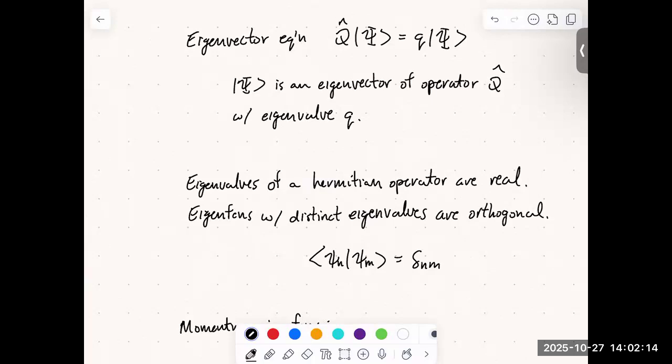What we worked out last time was that if you had a Hermitian operator, then its eigenvalues are going to be real. We proved that. And we also proved that two eigenfunctions with distinct eigenvalues would have to be orthogonal.